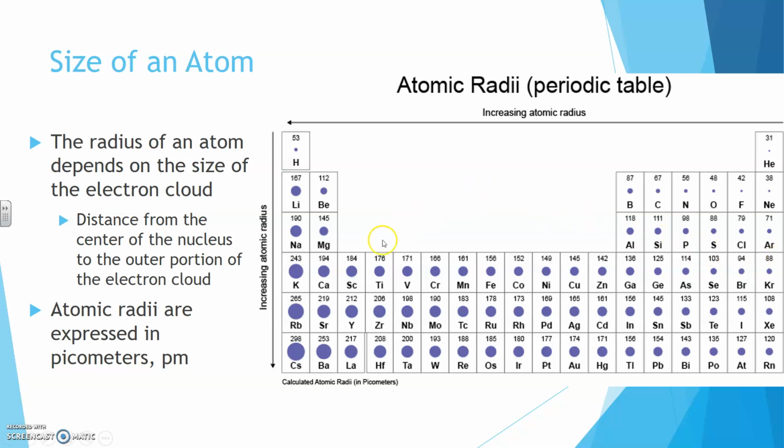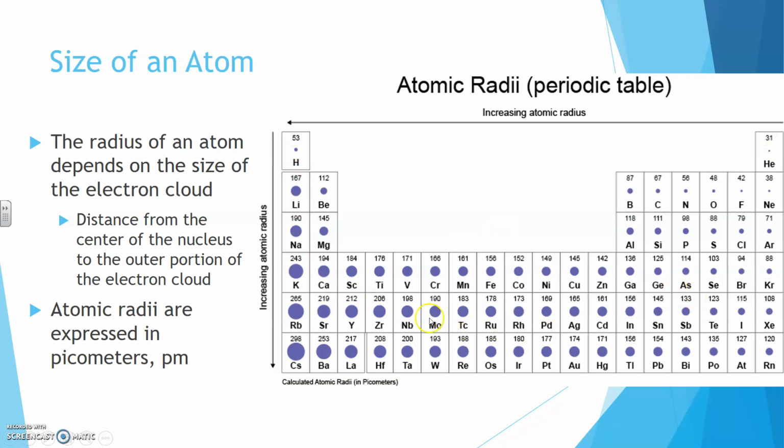The smaller radii are up and to the right. Larger are down and to the left. You're also going to see atomic radii increasing as you go down a column, and then increasing as you go from right to left across the periodic table.